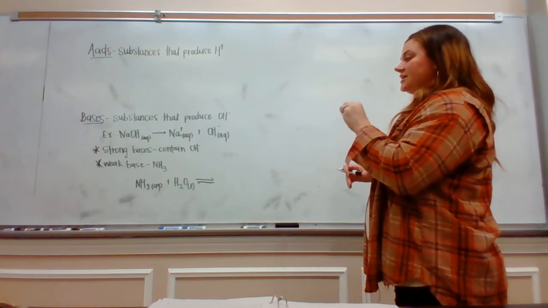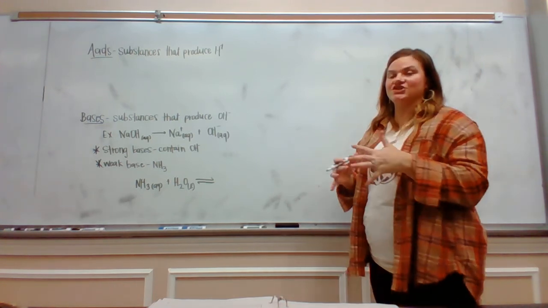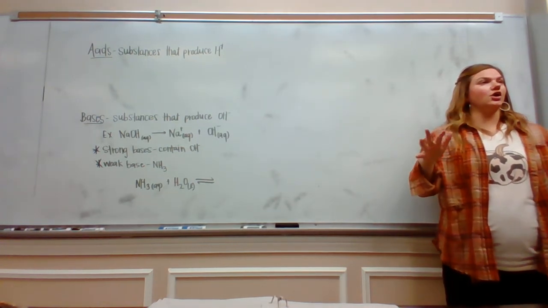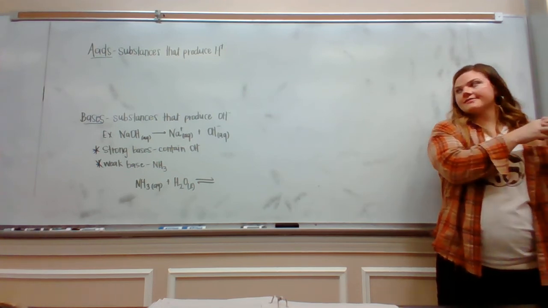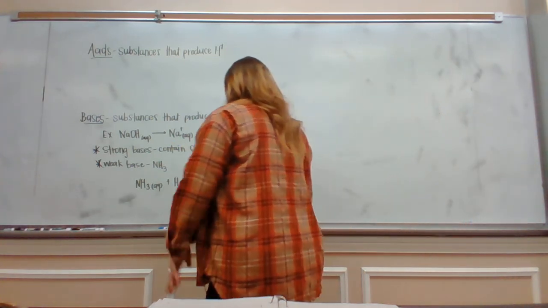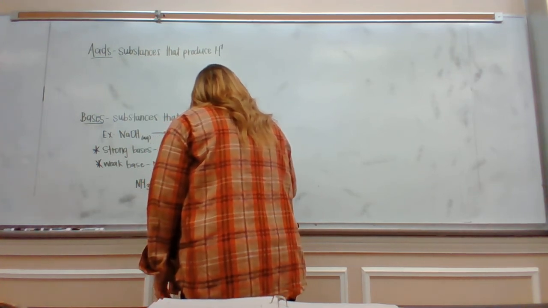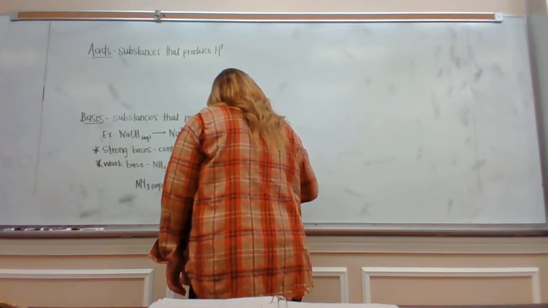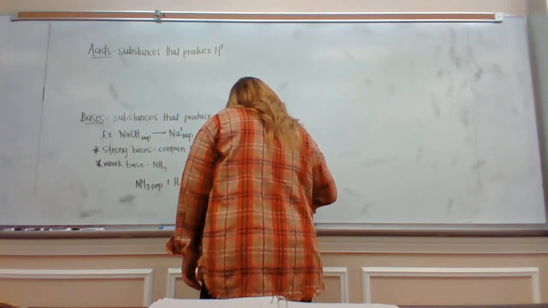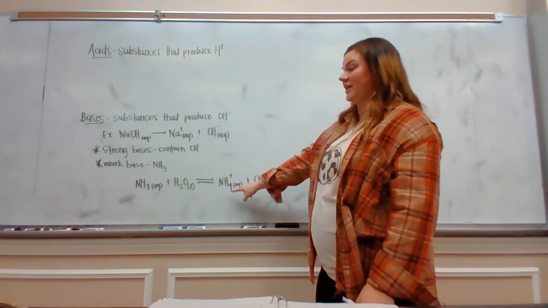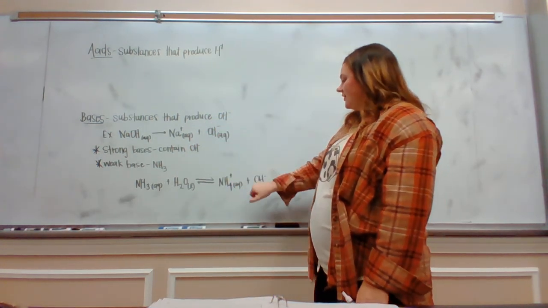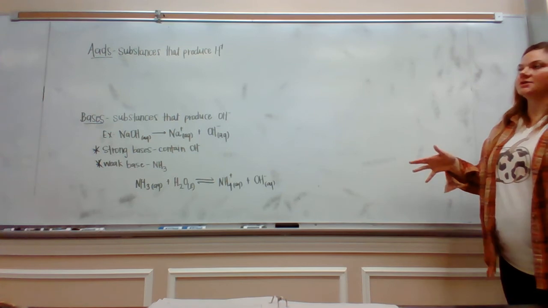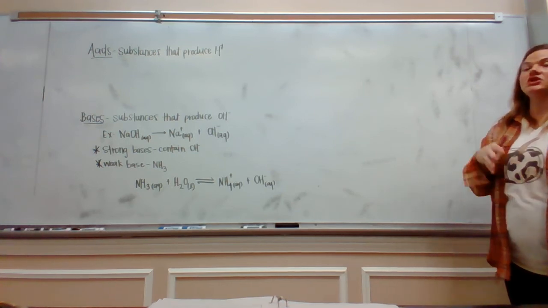So what that means is when this solution reaches equilibrium, I will have some base that is broken apart and I will have some that remained intact. So what this does, NH3 actually takes a hydrogen from water to form the ammonium ion, and so it leaves water as just OH. So that's how NH3 is a base, even though it doesn't have OH in its formula.